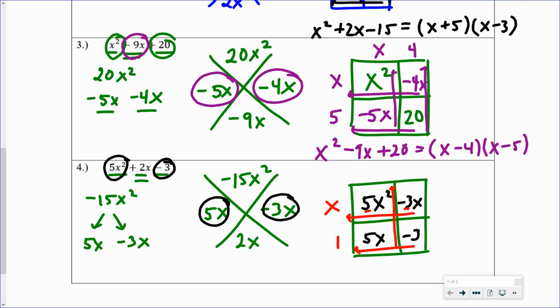Here, 5 and 5 are shared, and then x, and then it looks like negative 3 is the GCF of that last column. So 5x squared plus 2x minus 3 is going to factor to 5x minus 3 times x plus 1. We're going to go through some more examples of this.